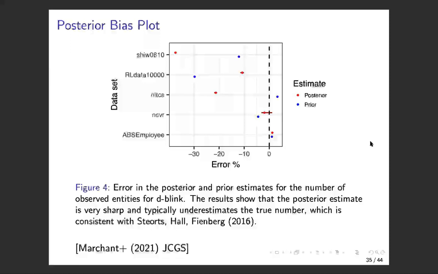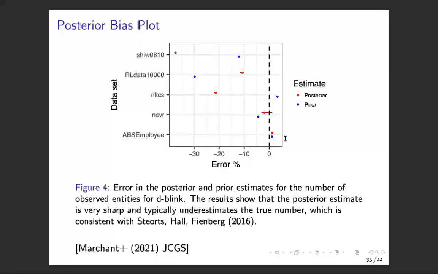Here I'm showing a posterior bias plot summarizing all of the data sets we looked at: the Australian Bureau of Statistics data set, the North Carolina voter registration data set, the National Long-Term Care Survey data set, a small synthetic data set, and a categorical data set from the Bank of Italy from 2008 and 2010.